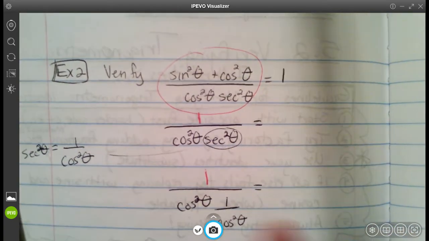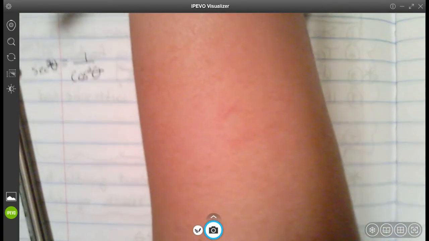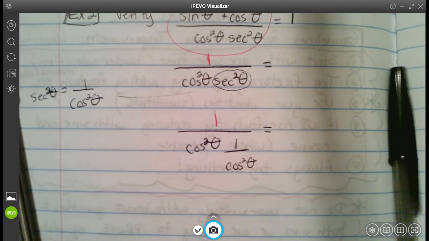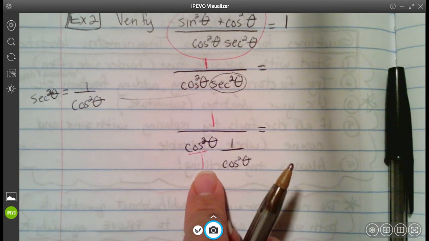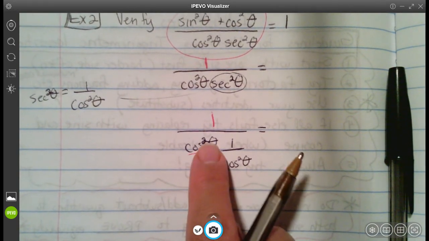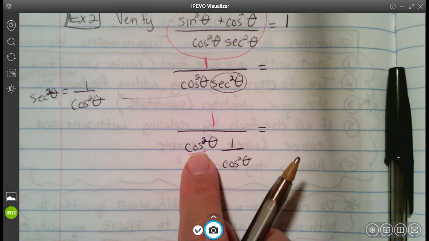And at this point, hopefully you can see right away what's going to happen if we put this over 1, because that you're allowed to do. You're not changing the value. It's just saying this divided by 1 is the same value.